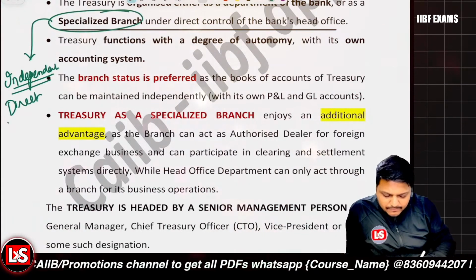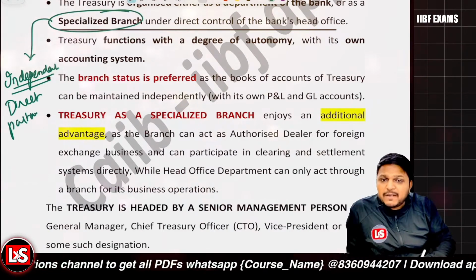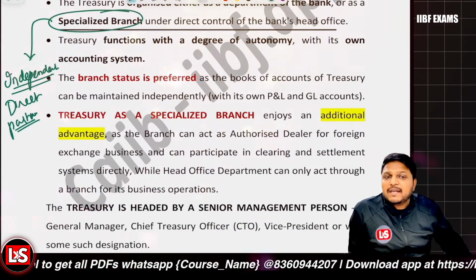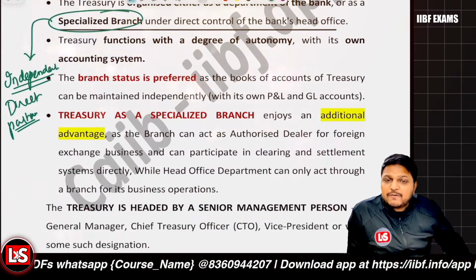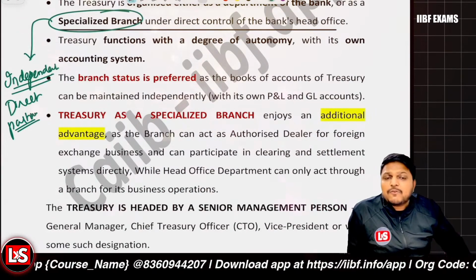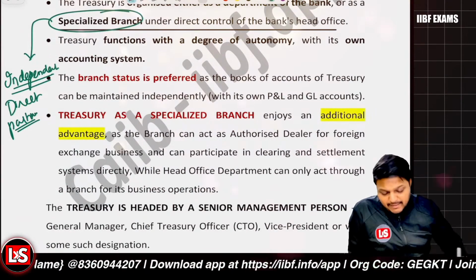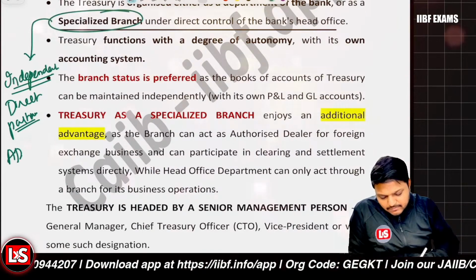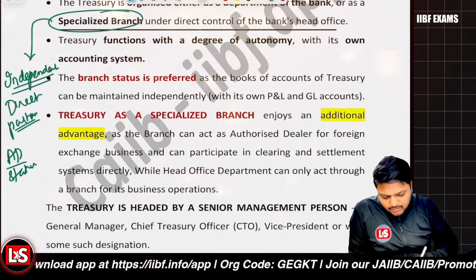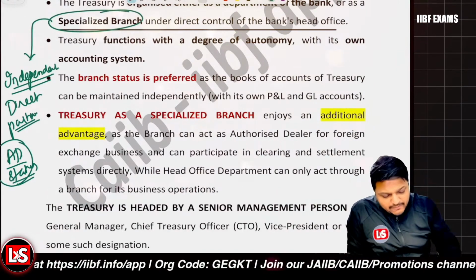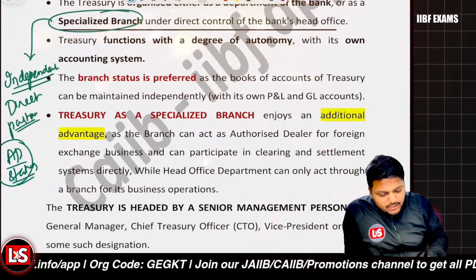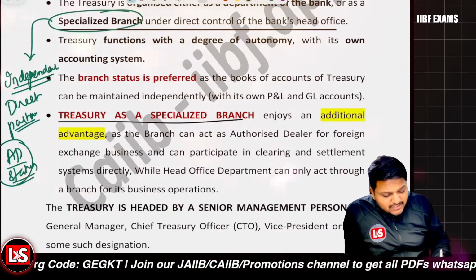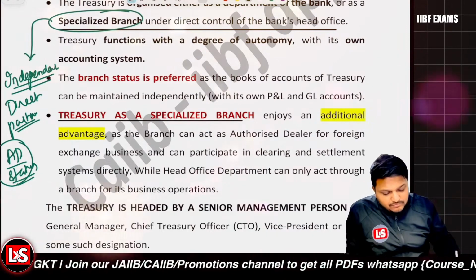Second benefit is you can directly be participating into the market in the clearing and settlement systems. And further, you can be conducting the foreign exchange transactions directly. You'll be having the authorized dealer status. So these are the three benefits. Those will be available if you are basically having the treasury as a specialized branch, right?